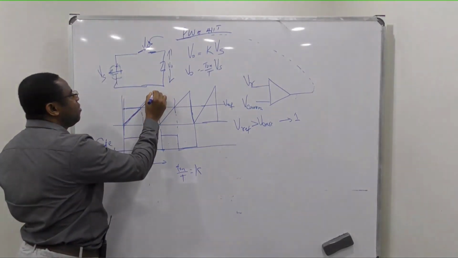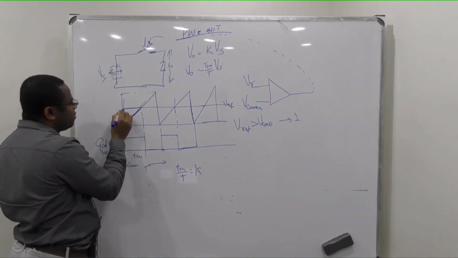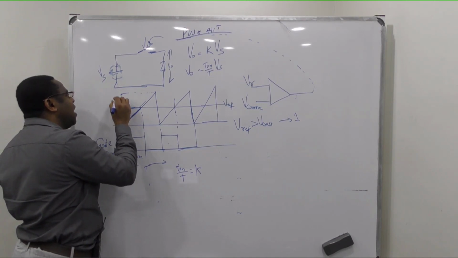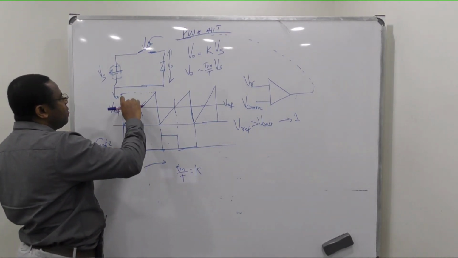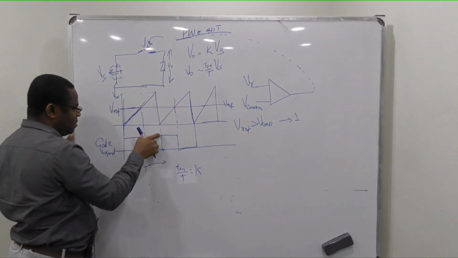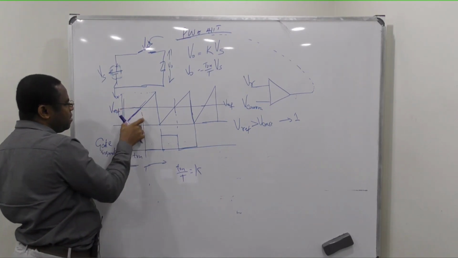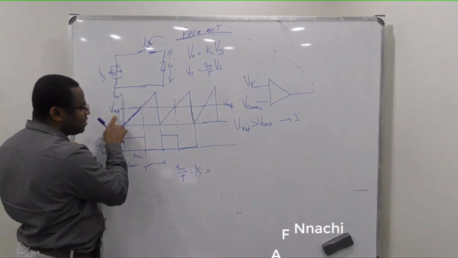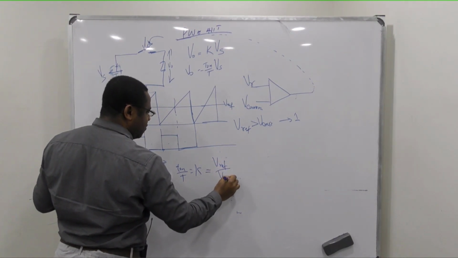This has its own magnitude, and this also has its own magnitude. This is the V of the reference, and this is the V of the carrier. From here to here is the same thing as this. So in other words, my duty cycle can still be written as Vref divided by V carrier.